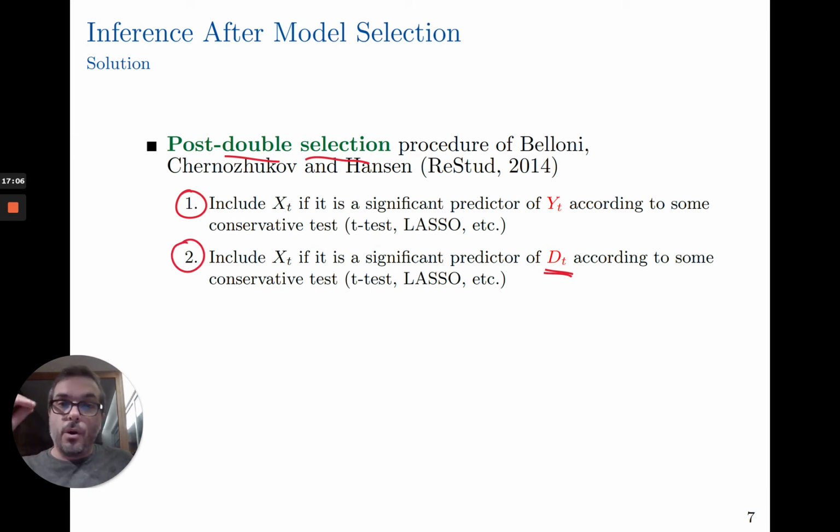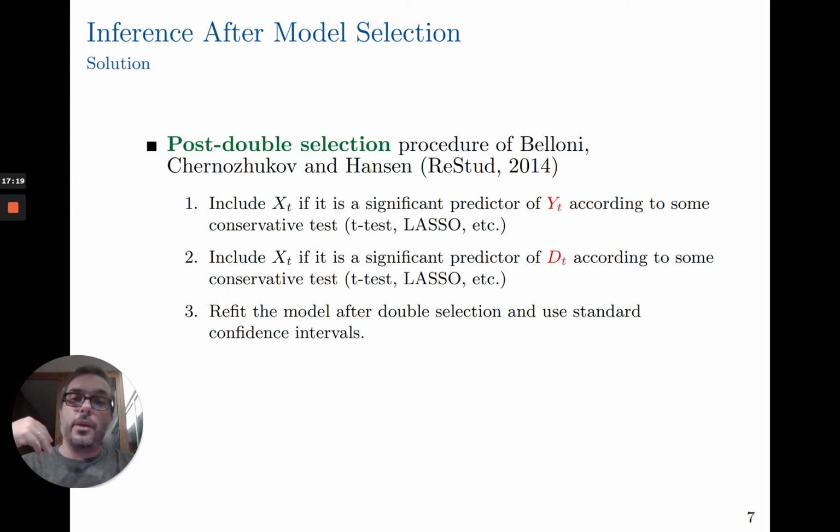Okay? On the long regression of y on d and x, and on regressions of d on x. Okay? So then we refit the model after the double selection, and we can use standard confidence intervals.